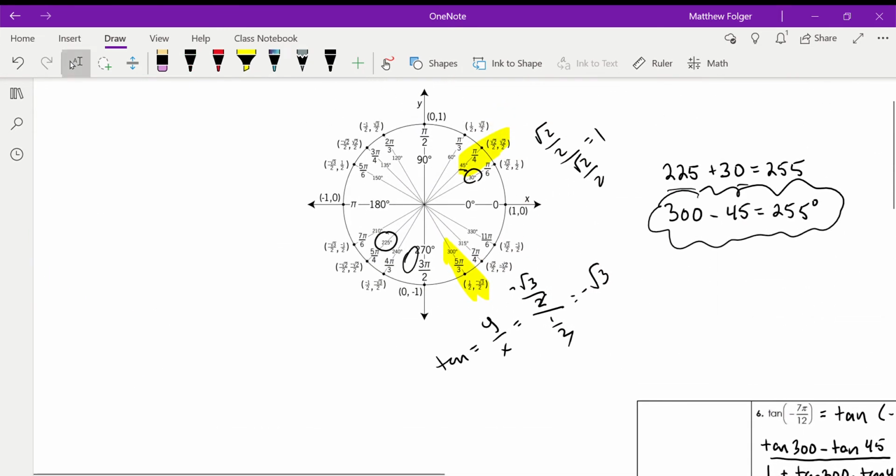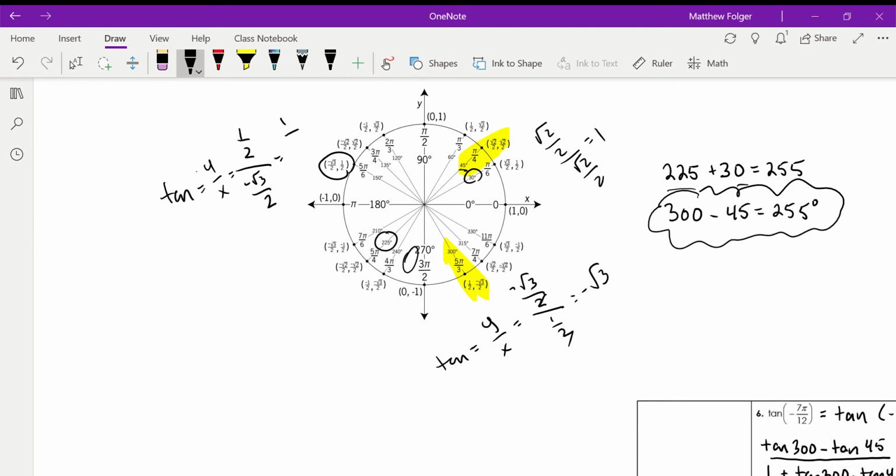If you look up here, tan of 150 is y over x, which is 1/2 over negative square root of 3 over 2, right? Tan equals y over x, which is 1 over negative square root of 3, which this one's easy to rationalize, so we get square root of 3 over 3, but that's negative square root of 3 over 3.